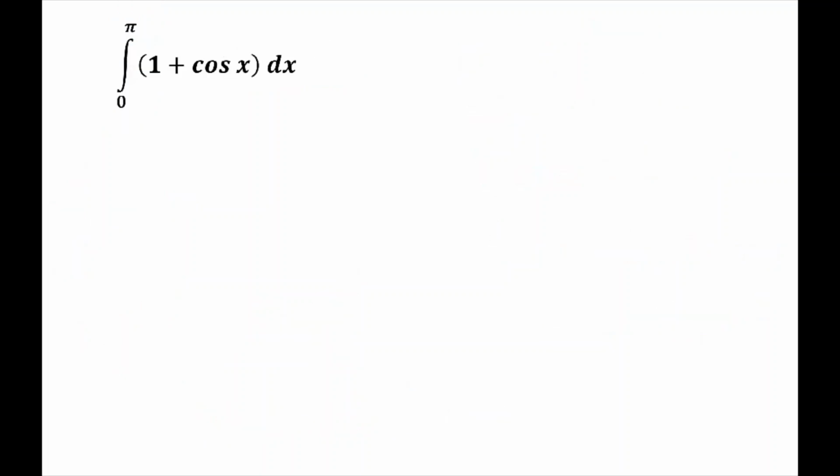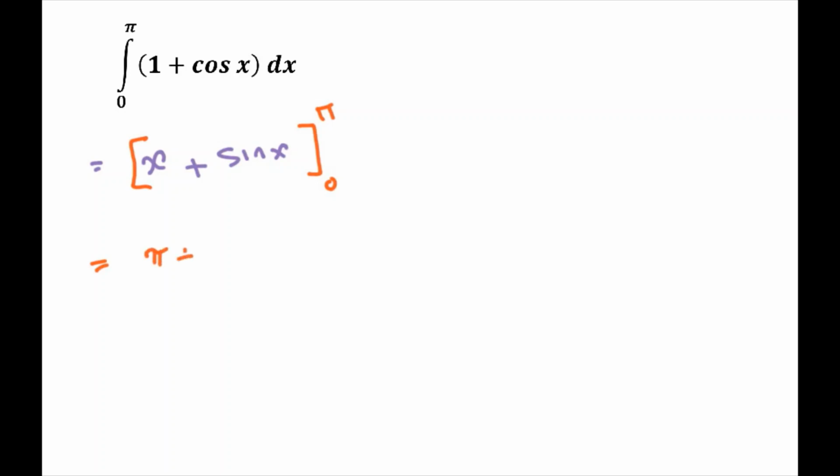Now in this question, the integration of 1 plus cosine x dx from 0 to pi will be equal to the integration of 1, which is x, plus the integration of cosine, which is sine, from 0 to pi. Then you substitute by pi first.